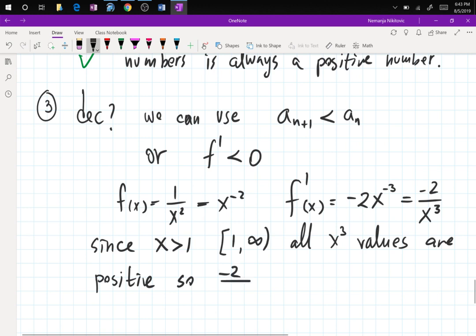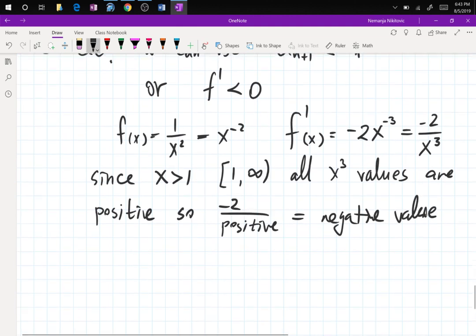So negative 2 divided by positive equals negative value, meaning that f prime is always less than 0 on 1 to infinity. That implies decreasing.